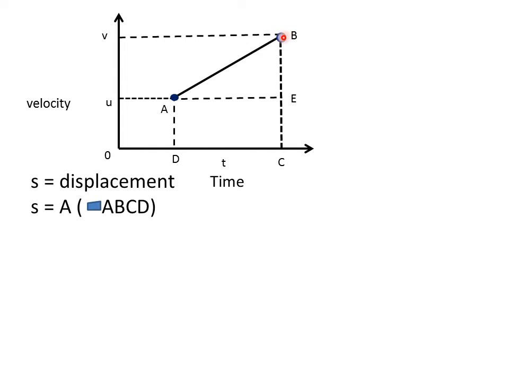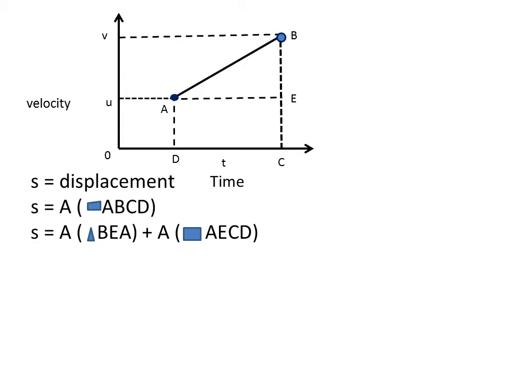One is right angle triangle BEA and another is rectangle AECD, isn't it? So let us write down that we will get displacement if we find out area of triangle BEA and area of rectangle AECD, and add them together.